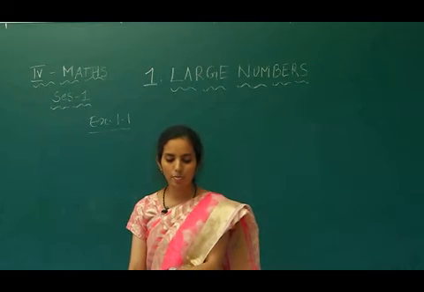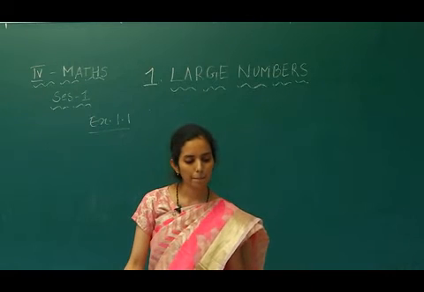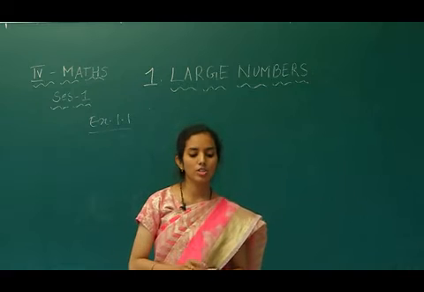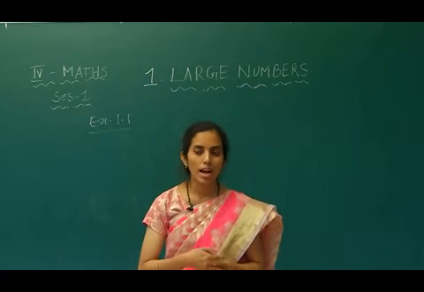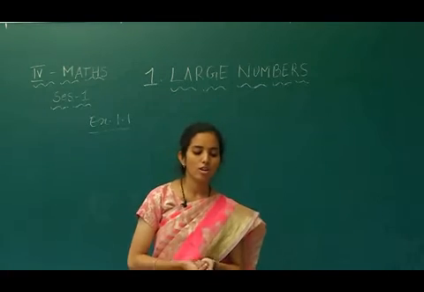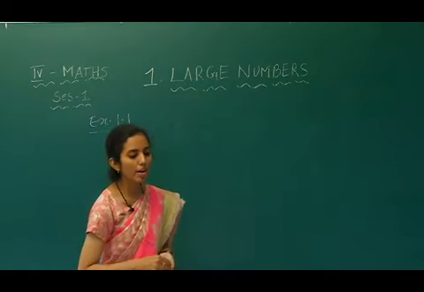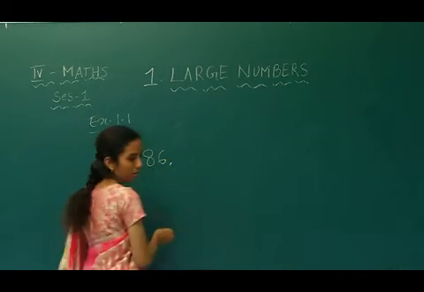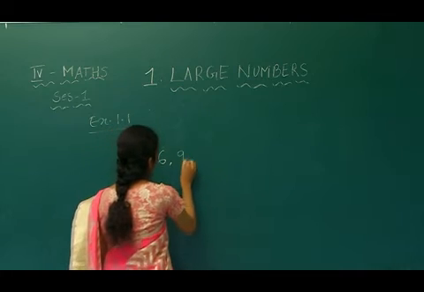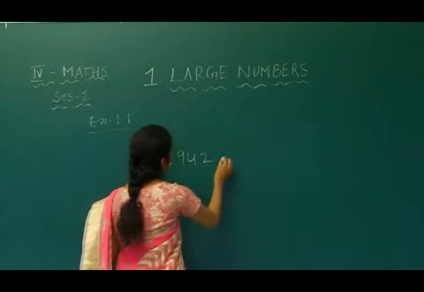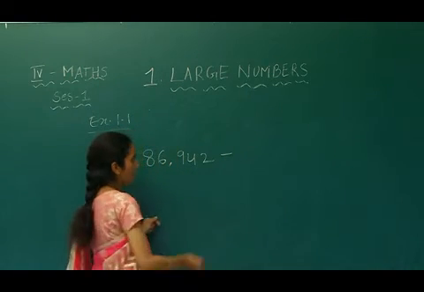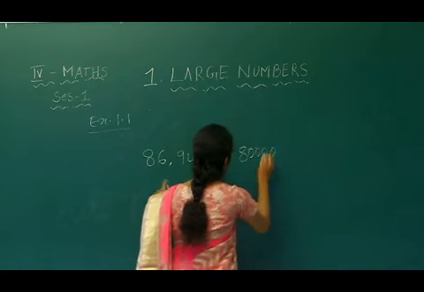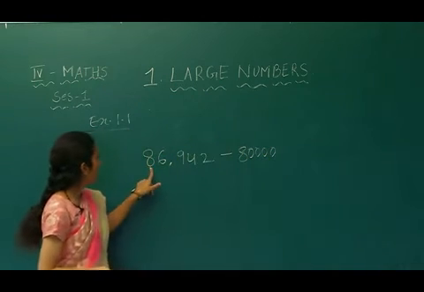So, now turn the page all of you. As I told you, expanded form of the numbers. So, how do we write the expanded form of the number 86,942? I told you already, 80,000. So, how many? 8.